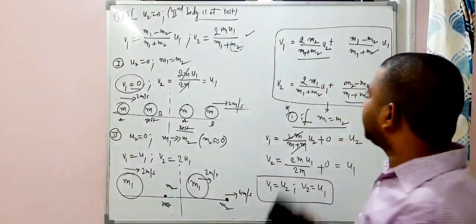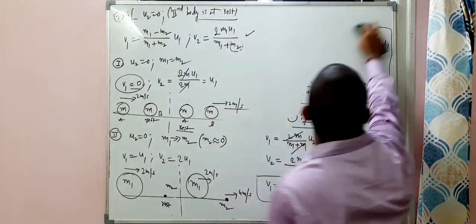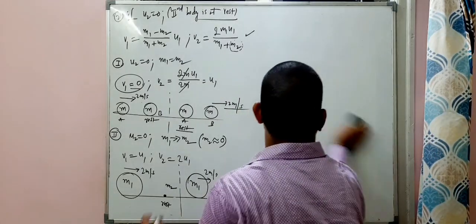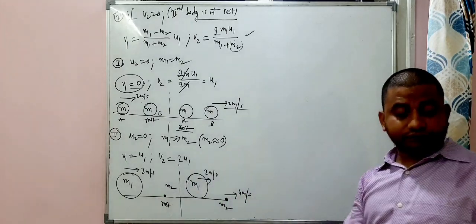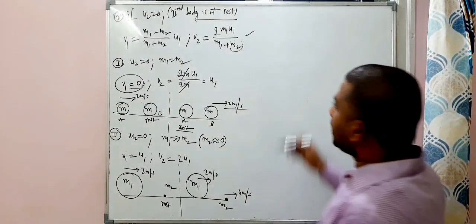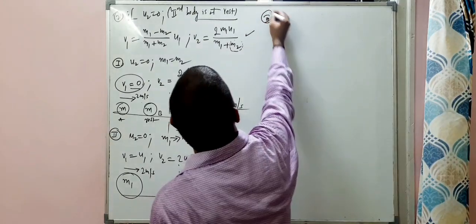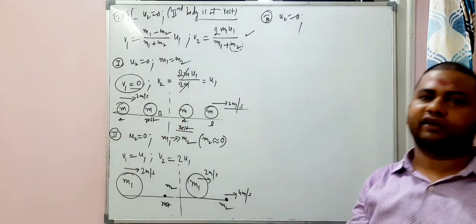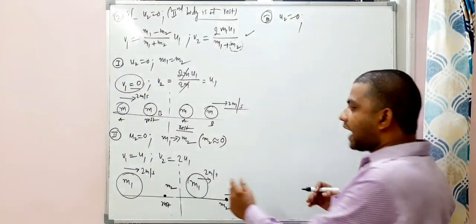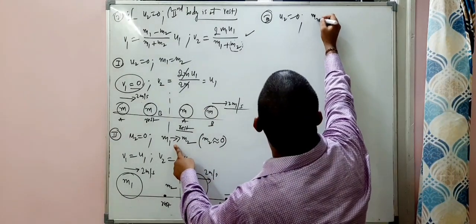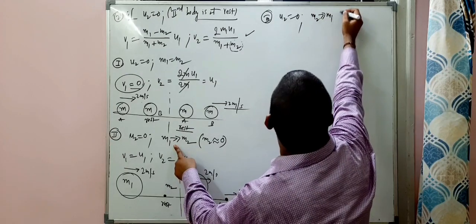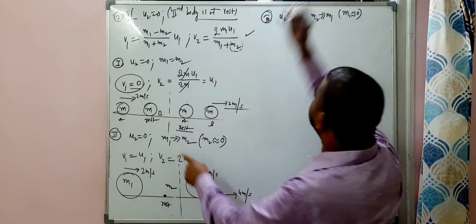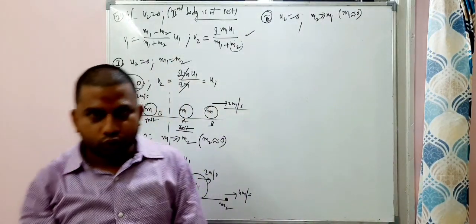Another case, a continuation of this. Here, the third case is exactly the reverse. The second body is at rest and the initial velocity of the second body is 0, and here m2 is far greater than m1, so m1 can be almost considered as 0.